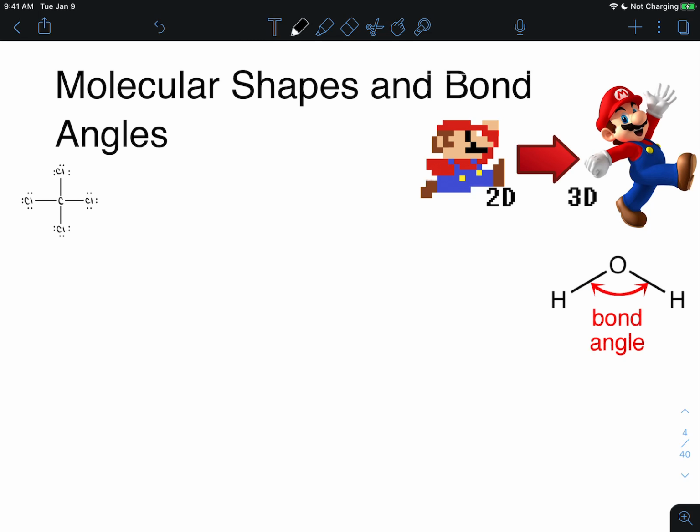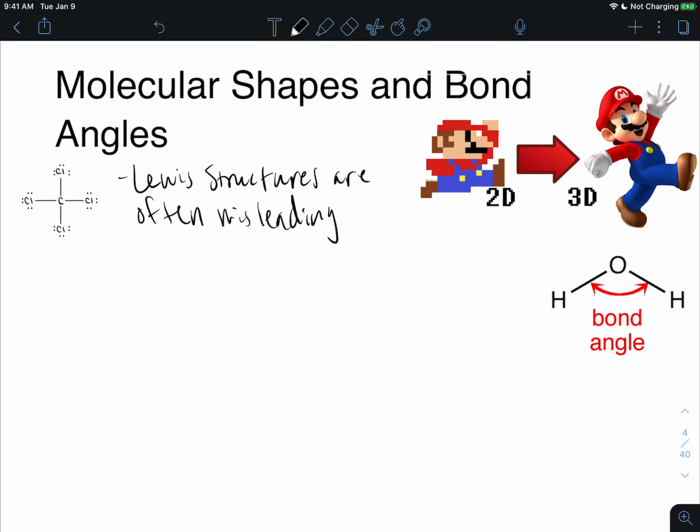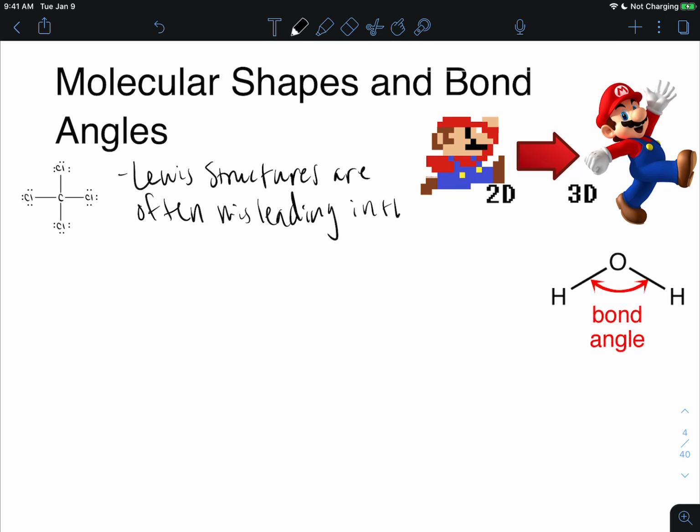Okay, so Lewis structures are often misleading in the way they are drawn. For instance, if we look at carbon tetrachloride over here, from the Lewis structure itself, it looks like we have 90-degree angles, right? However, that's not true.